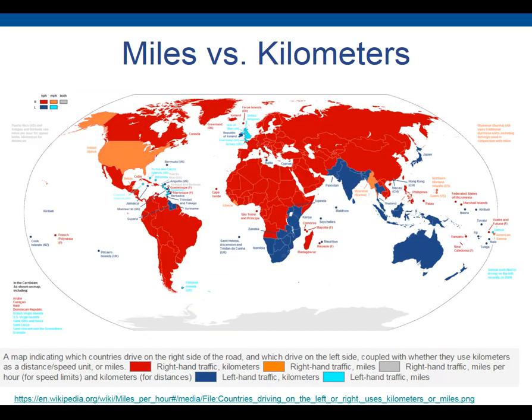Here you can see the red one indicates right-hand traffic, kilometers. This orange, only a few countries, uses right-hand traffic and miles, and this is left-hand traffic, kilometers, and left-hand traffic, miles. As you can see, the red has a large portion: right-hand traffic, kilometers.